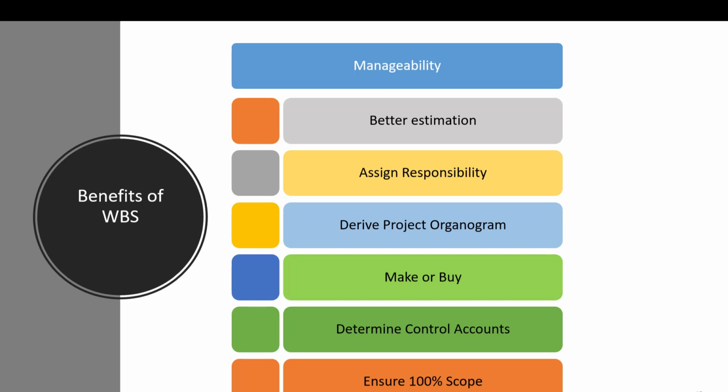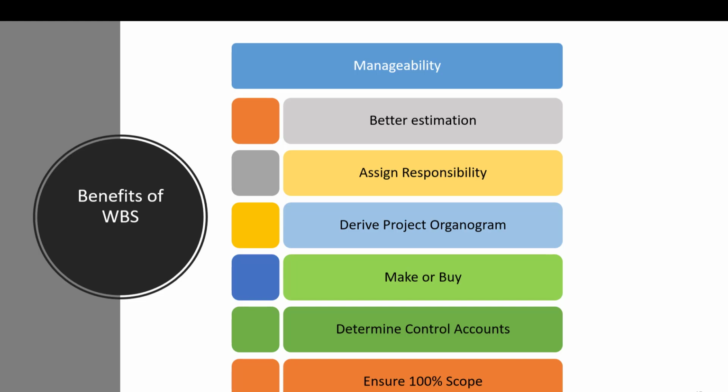The work packages should roll up to the control accounts above and further parent elements through a rule called the 100% rule. A systematic WBS helps to make sure that the work scope is not redundant and there is no missing link while defining and detailing the work.